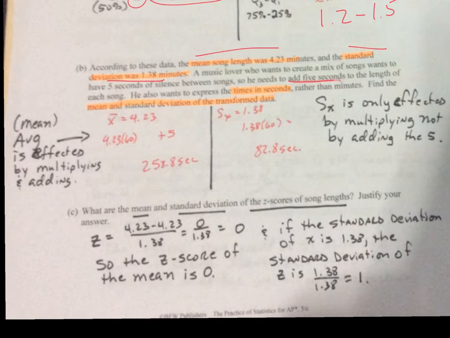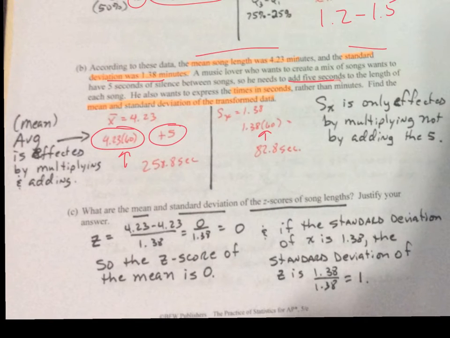So basically, you're going to be multiplying by 60 and adding 5. Well, remember when we talked about transformations, multiplying affects the average, the standard deviation, the median, and the IQR. But when you add something or subtract something, it only affects the average and the median. So only the center is affected. So that's what we're going to do.